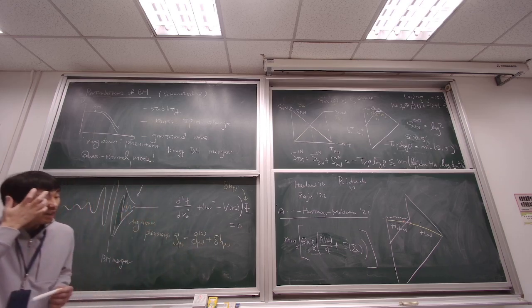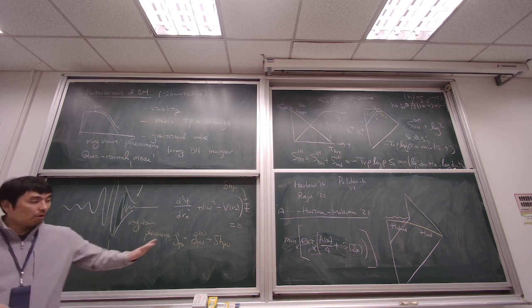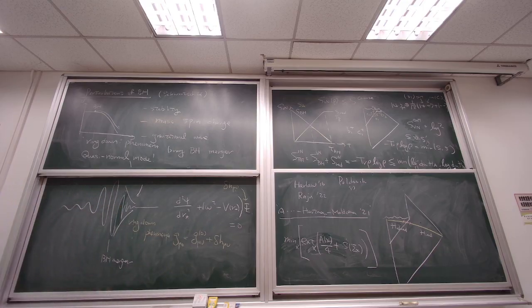Then modes of delta h mu nu obey this Schrödinger-type equation, which describes the so-called quasi-normal modes. This is the Regge-Wheeler equation.